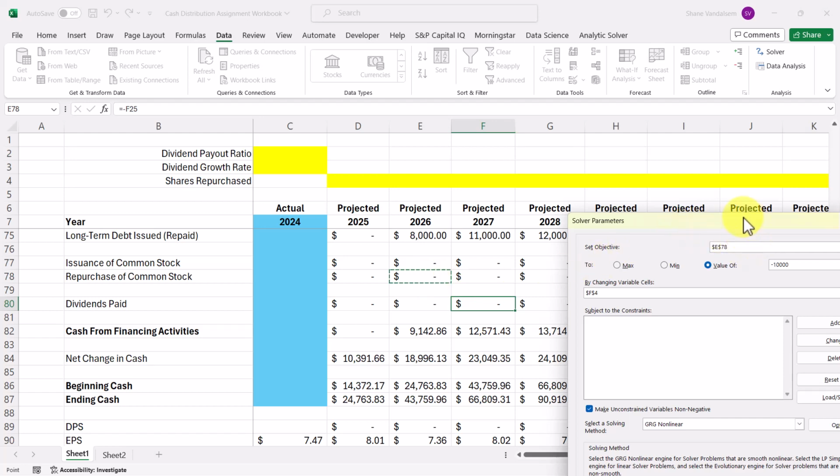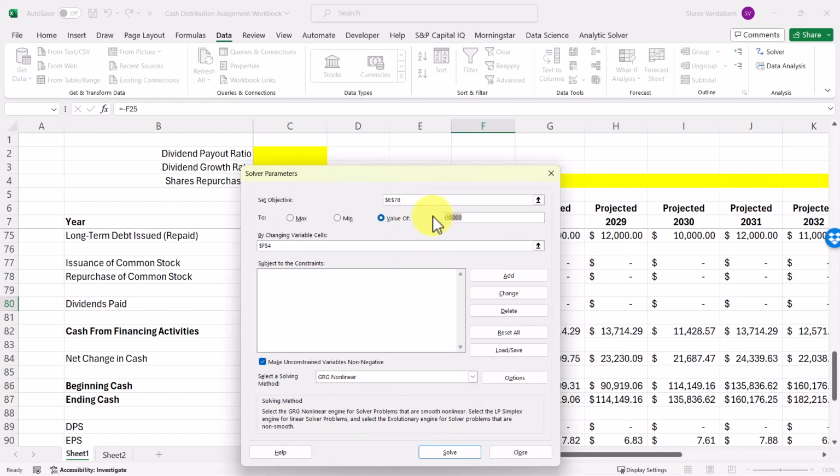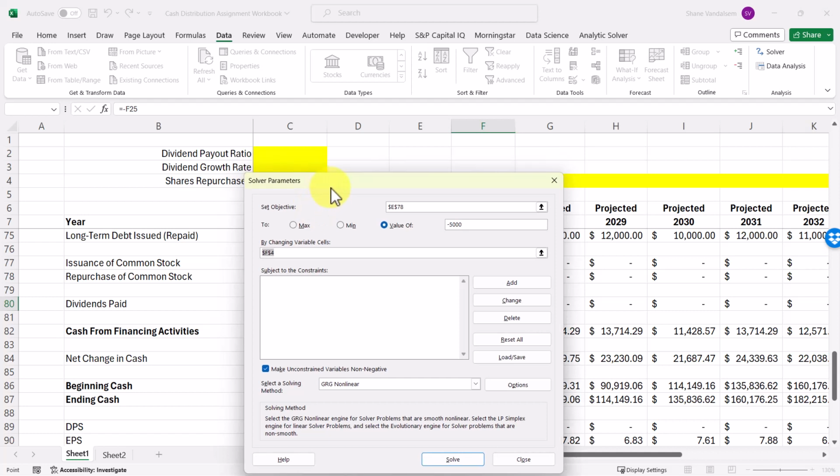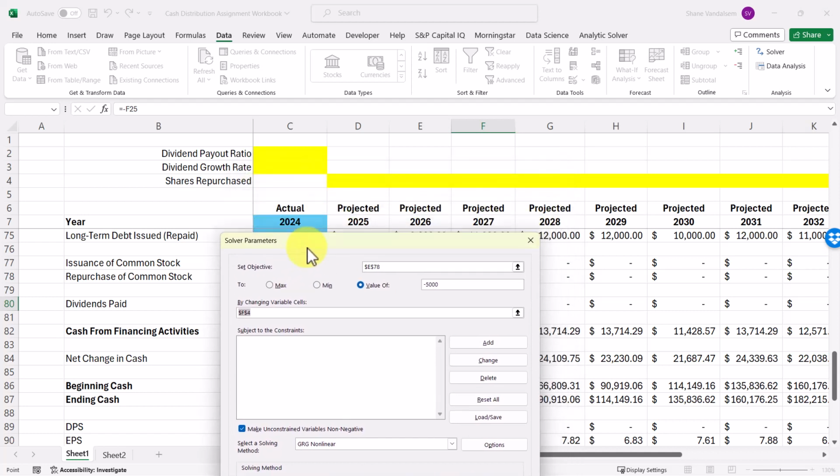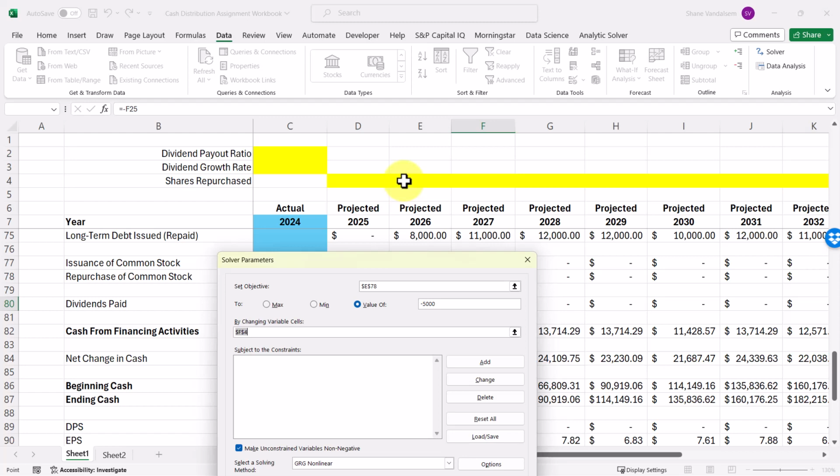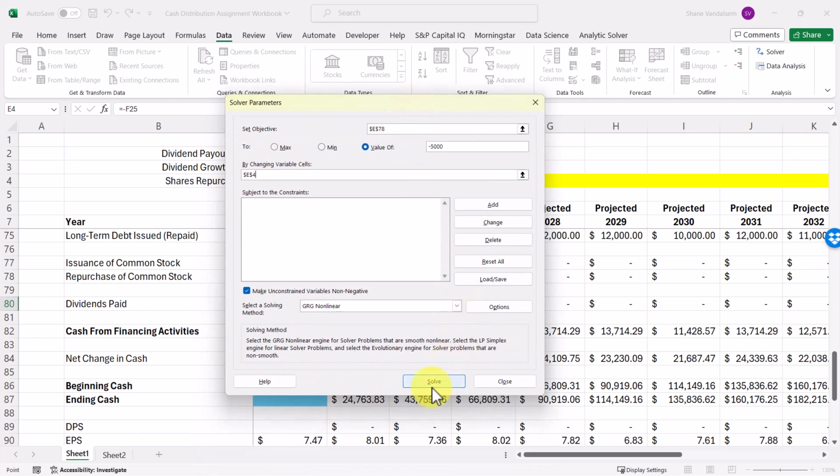So I want to set E78 to negative 5,000 because I want to repurchase $5,000 of stock, and that is a use of cash for the year. And I want to do that by changing the variable cell, and I want to go to E4 because that cell gives us the number of shares repurchased. And then I'm going to press Solve.